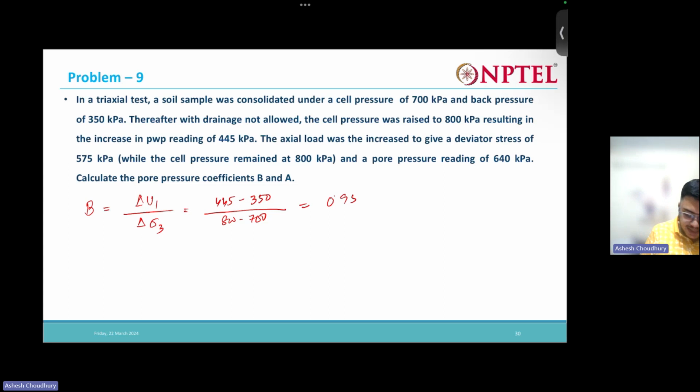Now, the second part is to find out A. For that, see, first sigma 1 in the first stage, sigma 1 is equal to sigma 3 is equal to 800, right? 800. Then you start shearing. When you start shearing, it is going to be sigma 3 plus 575, right? So 1375. Now what is A bar?